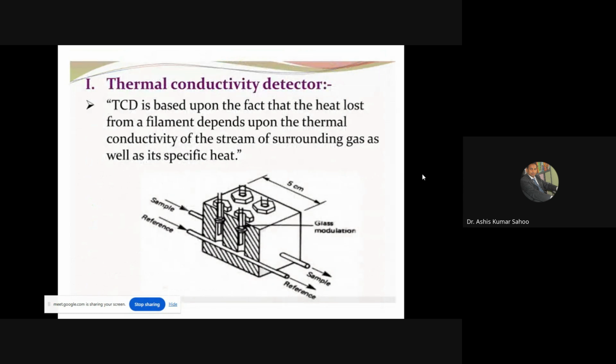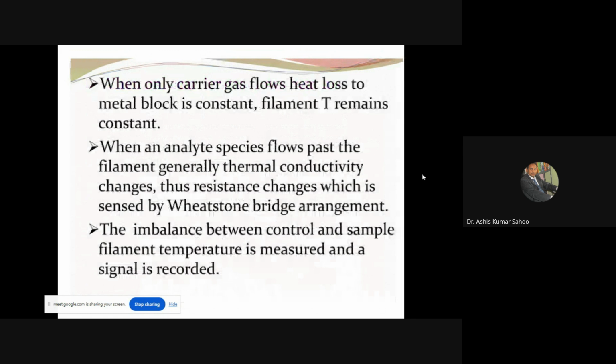The thermal conductivity detector is based upon the fact that heat loss from the filament depends upon the thermal conductivity of the gas. When carrier gas flows, heat loss from the filament remains constant. When an analyte species flows past the filament, the thermal conductivity changes.